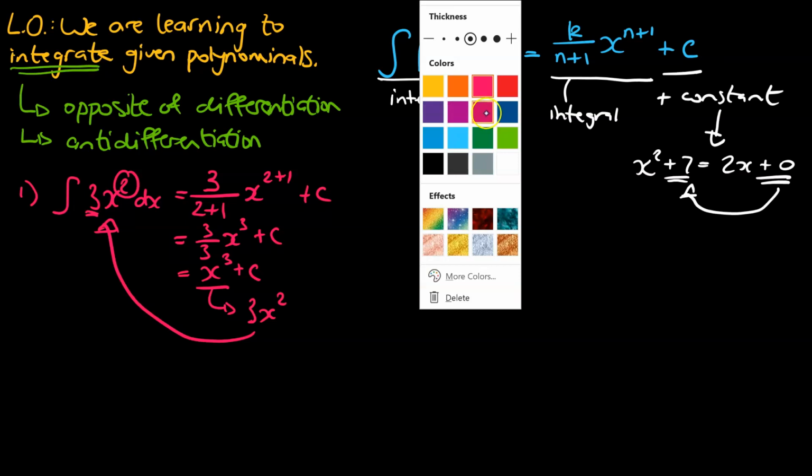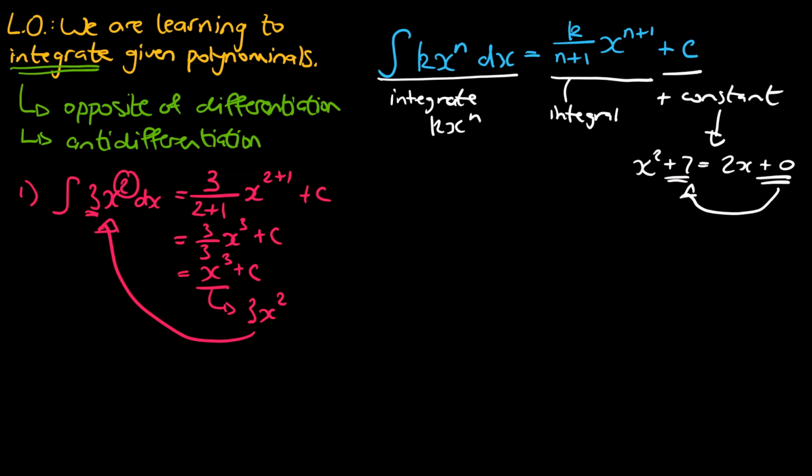So let's change pen color. Let's do a couple more in a rapid fire sense, and we'll make them a bit more difficult as well. What is the integral of 12x cubed minus 6x plus 3 dx? Let's work below. k would be each of the numbers, and just a reminder, this 3 would have been x to the power of 0.